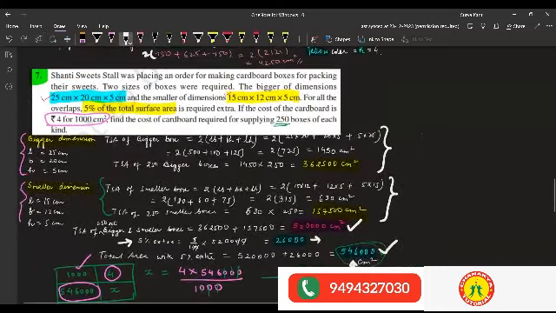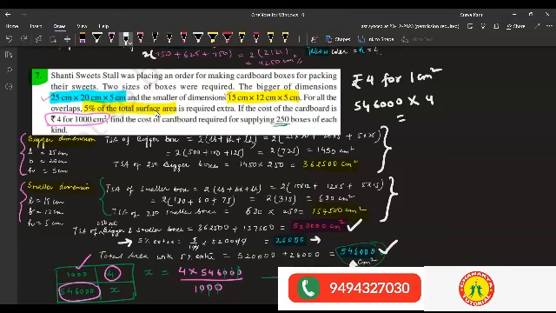If they give rupees 4 for 1 centimeter square, then simply you multiply by 4. Suppose it's coming 546,000, right? Simply you multiply by 4 and you'll get the answer. If they give 1000 centimeter square or something like that, then whatever answer you're getting, you should divide by 1000.